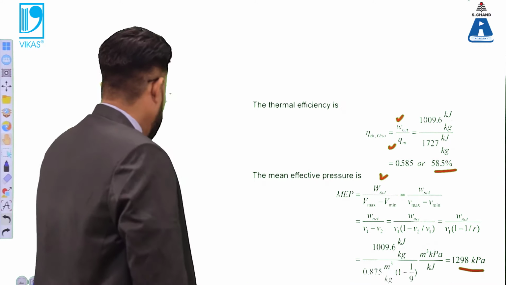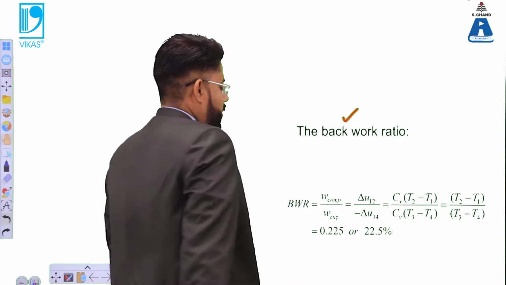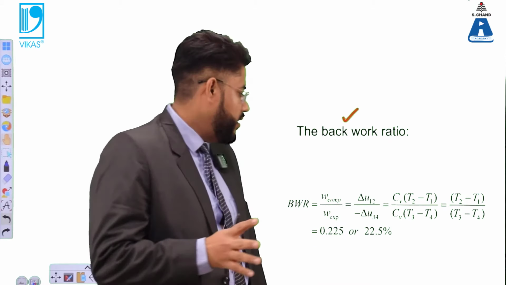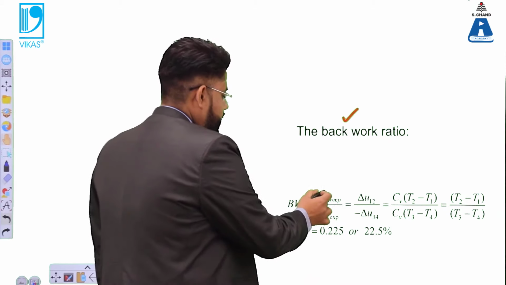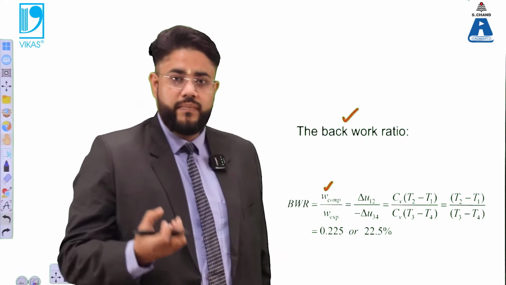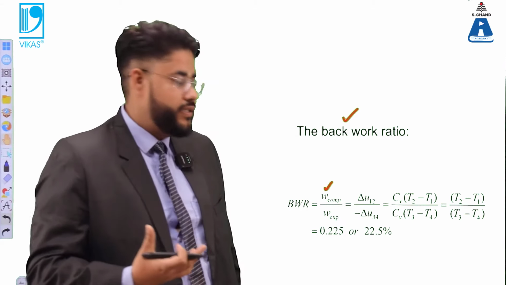We can substitute all these values so that a final result can come out, and that would be the mean effective pressure. And ultimately, if I talk about this back work ratio, it is an important term, and it has a formula, which is the compressive work, or you can say the work involved during compression, to the work which can be done during expansion.